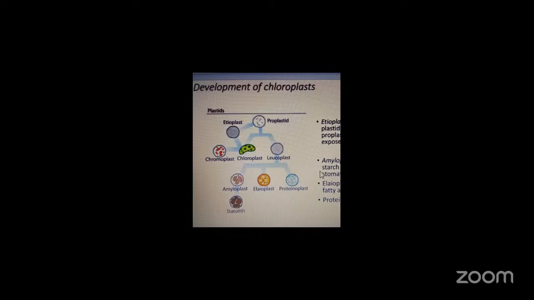In angiosperms, dark green spinach leaves contain more than 200 chloroplasts per mesophyll cell. Arabidopsis contains more than 100 plastids per mesophyll cell.